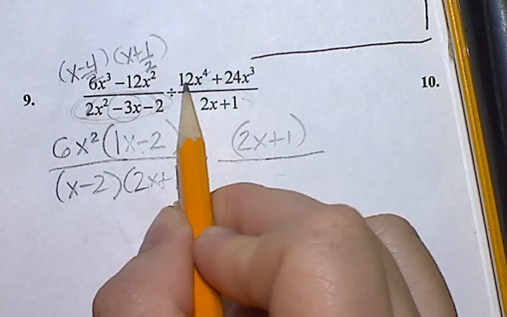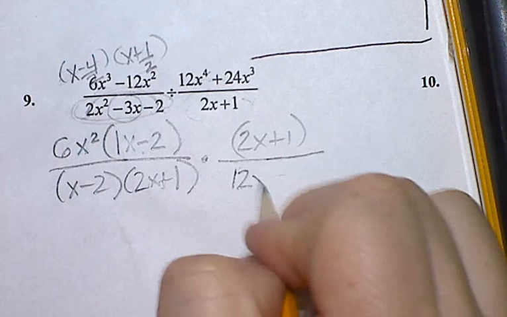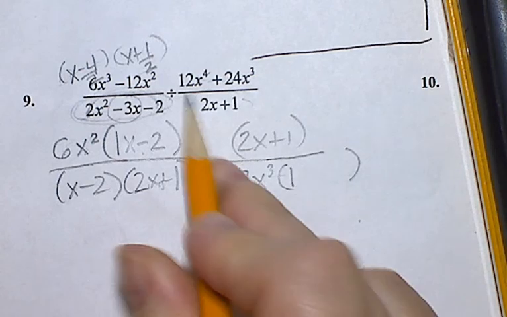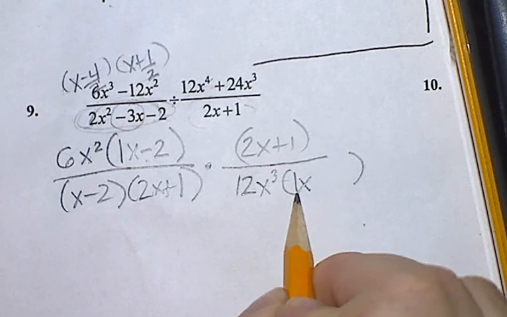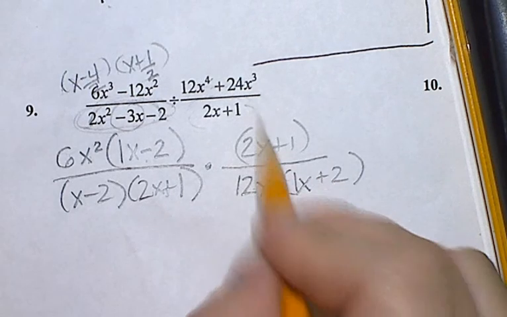I can factor a 12 out of both terms and an x cubed. Twelve times 1 is 12. You need 4 x's and you have 3. Attach one more. 12 times 2 is 24. You need 3 x's and you already have them.